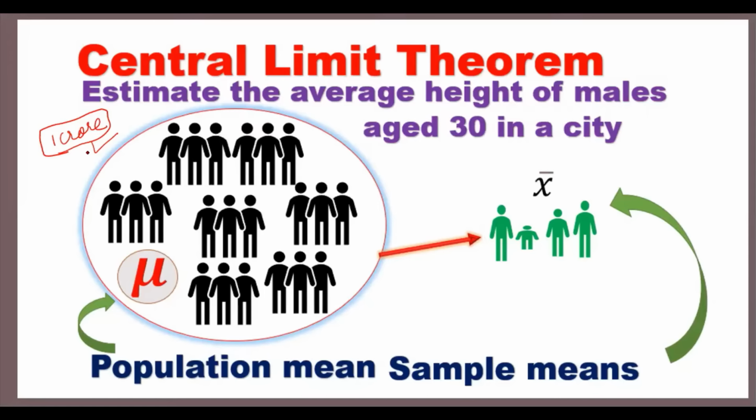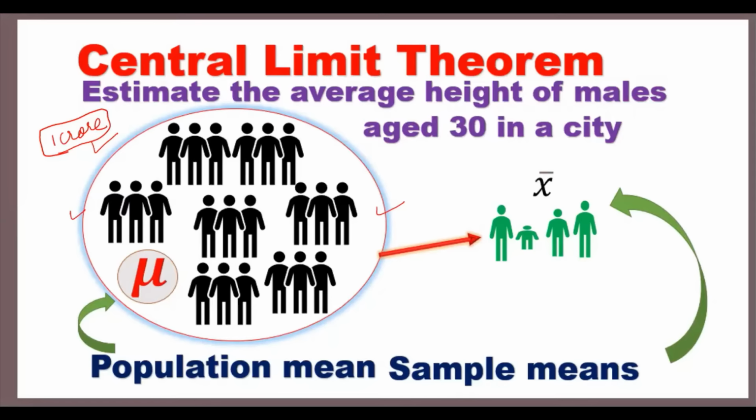Also, in most of the cases, we'll not be able to do that because when we start from one end, by the time we reach the other end, some of the people will leave the city and some more people will come. Also, if you are interested in age 30, if it takes more than 1 year, then the people will turn 31 after 1 year.